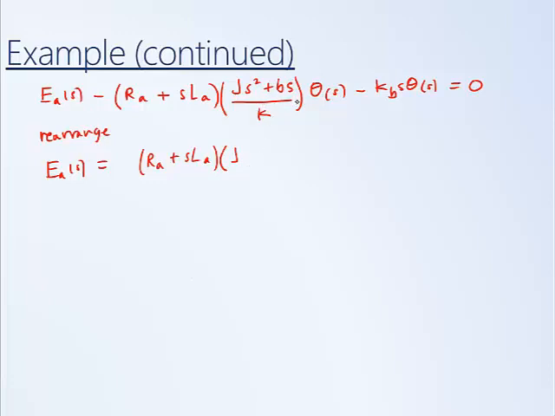I'll go ahead and factor out one of those S's. So I factor out one S, the S squared becomes S. I factor out that S. I also add this term to the right hand side. That becomes positive KB times S. I factor theta of S away from the whole thing.